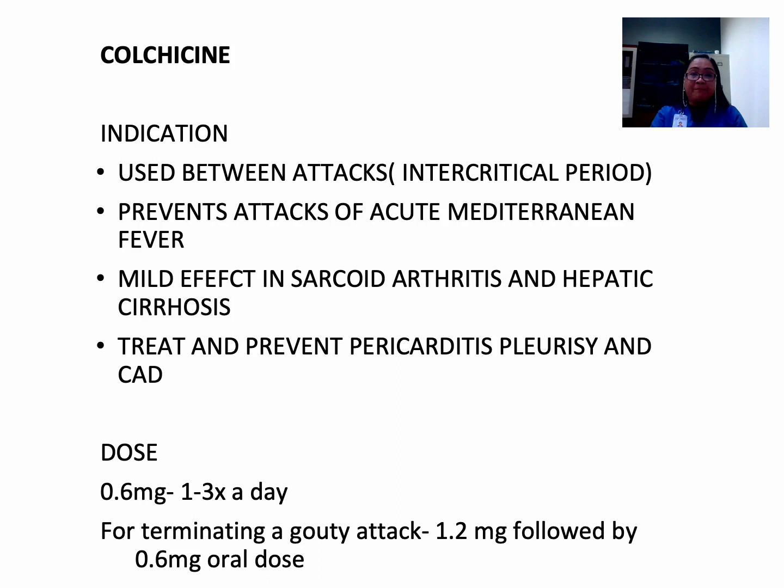It prevents attacks of familial Mediterranean fever. There is also a mild effect in sarcoid arthritis and hepatic cirrhosis. And it also treats and prevents pericarditis, pleurisy, and coronary artery disease as well. The dose would be 0.6 milligram 1 to 3 times a day. For terminating a gouty attack, it should be 1.2 milligrams followed by a 0.6 milligram oral dose.